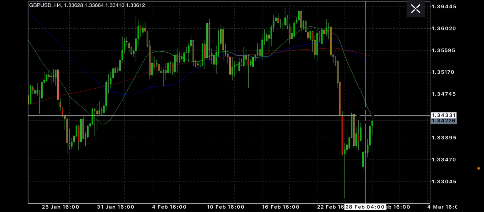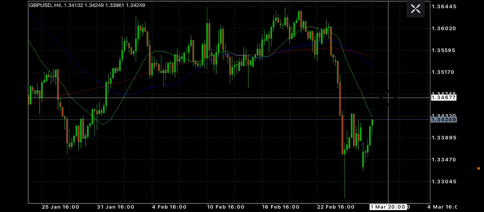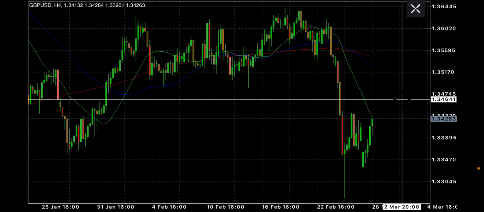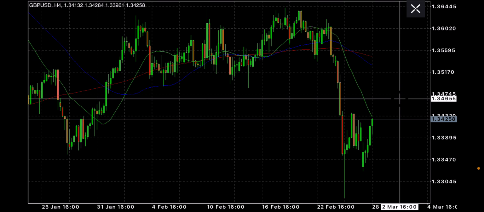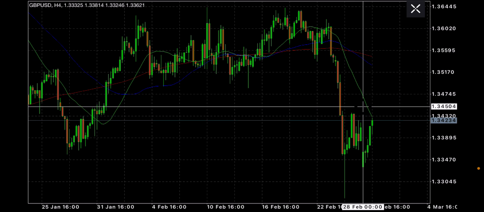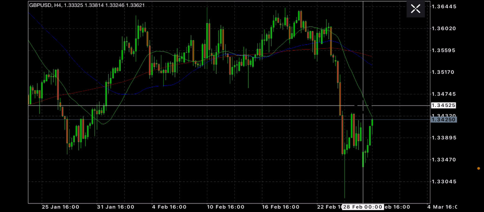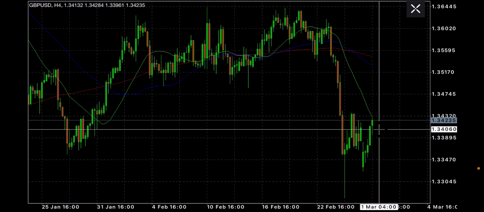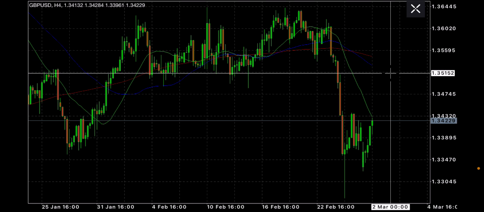Okay, so once this continues to go up, what we'll look for is a range and then a very strong push move down. Now, let's say we do have fundamental shifts in which there is no global political news that's going to cause the USD to act as a safe haven during this conflict. And let's say that the British Prime Minister or his parliament starts saying we're going to enact these economic measures to combat inflation, then we will have a fundamental shift in currency strength for this pair, which will force this to go up.